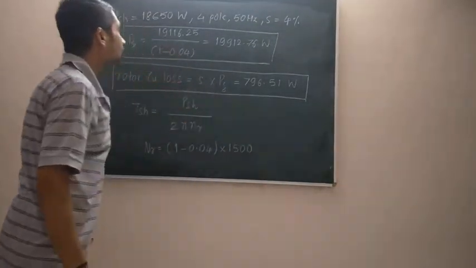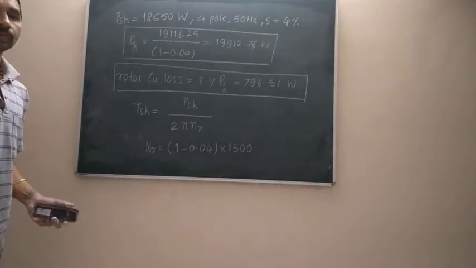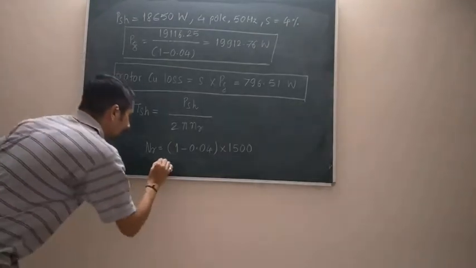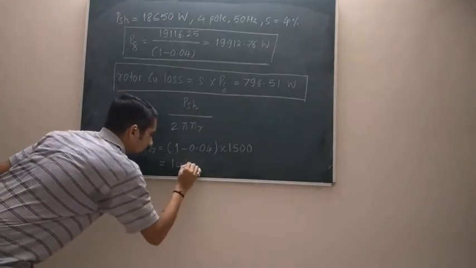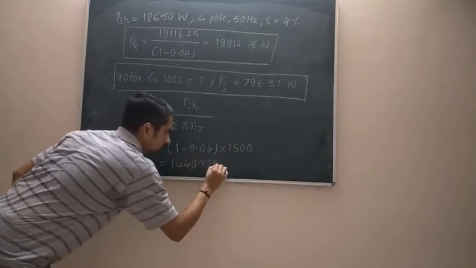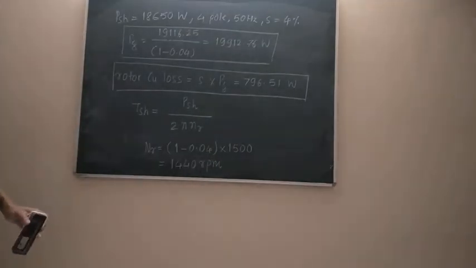As it is a 4-pole induction motor, synchronous speed will be 1500 rpm, and therefore rotor speed, nr, will be equal to 1440 rpm.